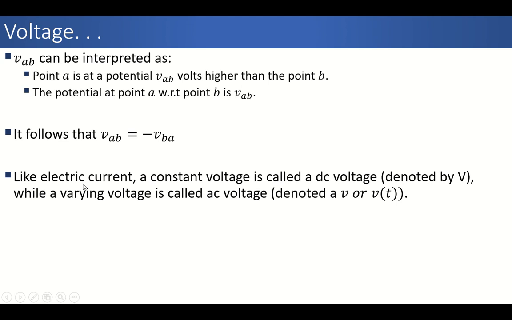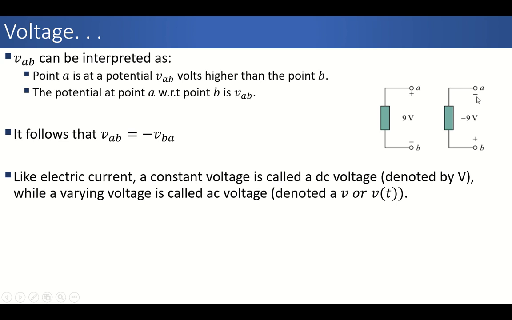If point A is at a larger potential than point B, then VAB will be positive. If point B is at a higher potential than point A, then VAB will be negative. Let's suppose we have point A and point B, and in between the voltage is 9 volts.